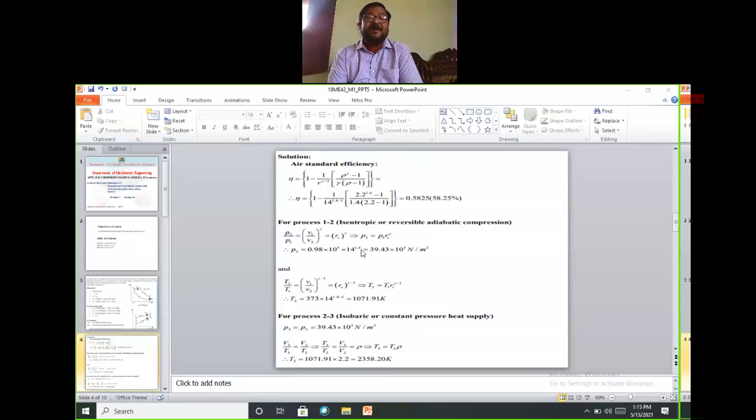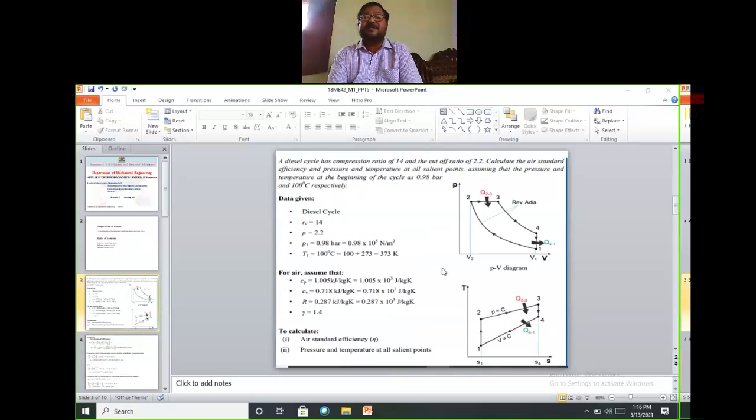He has not given gamma, it is the standard value Cp by Cv. It is equal to 39.43 into 10 to the power of 5 Newton per meter square, the pressure at salient point 2. The pressure at state 1 was given, and now you have found the pressure at state 2.